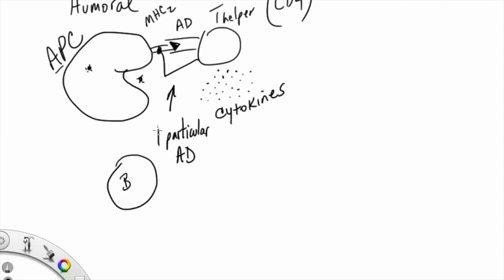Right? That's it. Can that one specific particular AD be on 20 billion cells? Yes. It can be 20 billion bacteria in your body. As long as they're that same one with that same AD, this particular B cell can fight it. What if it's a different bacterium or a different surface marker? Will this B cell be able to fight in any way?